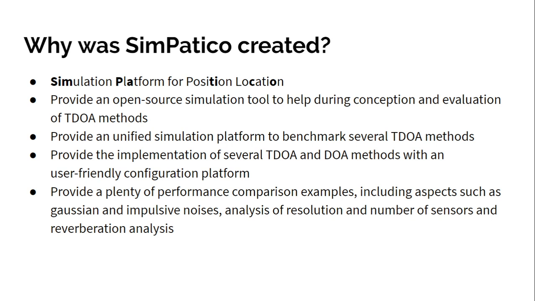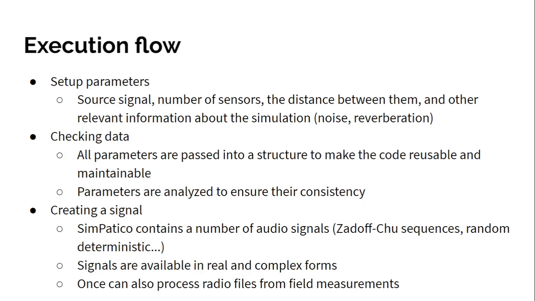I'm just going to talk a little about the execution flow. First of all, we begin with configuring the setup parameters. Actually, first, the simulation campaigns are composed of parameter files, which contain parameters about the source signal, number of sensors, the distance between them, and other relevant information about the simulation itself.